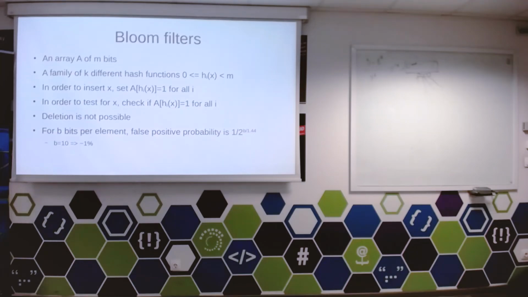The way a Bloom filter works is, well, we have some array of bits that, I think, is not possible to resize. You have to pick it in advance based on your expected number of elements. And we have a bunch of hash functions. The optimal number of hash functions can be picked based on what error rate you want to have.